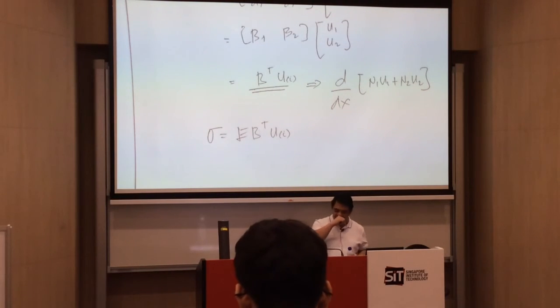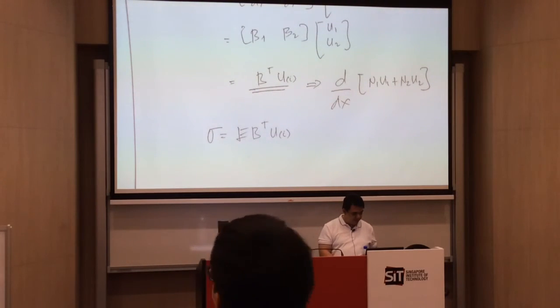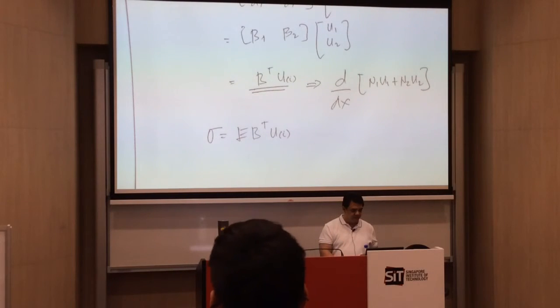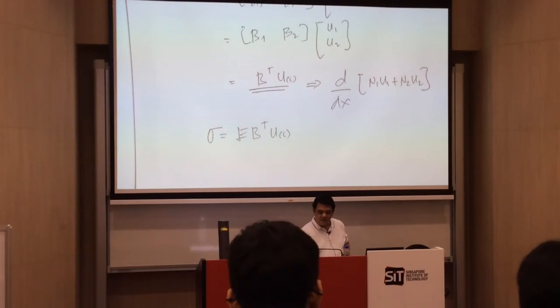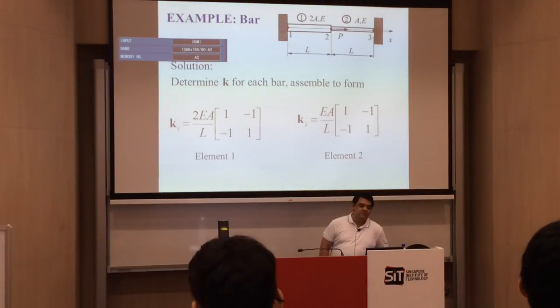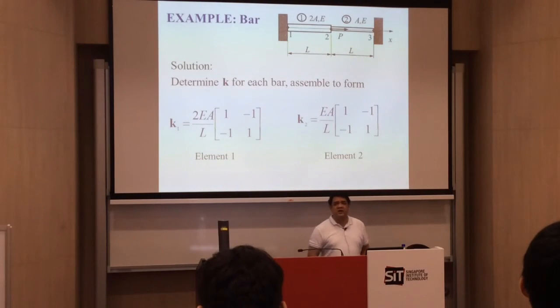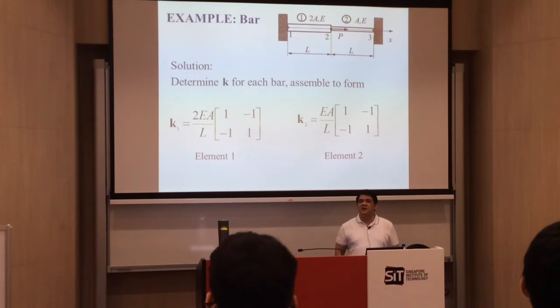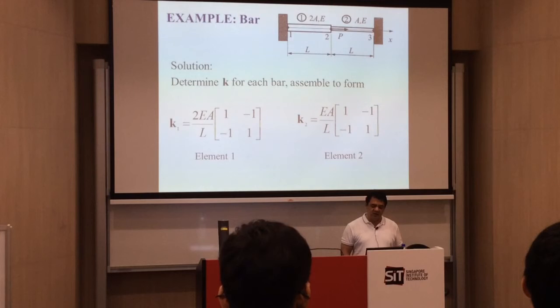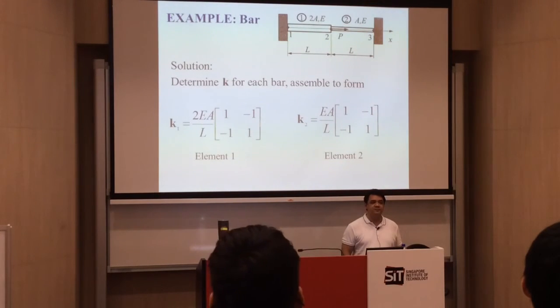Let's have an example. So you've seen this one already. We've done a lot of examples, but just to illustrate my point here, let's have a look at a two-element bar system.